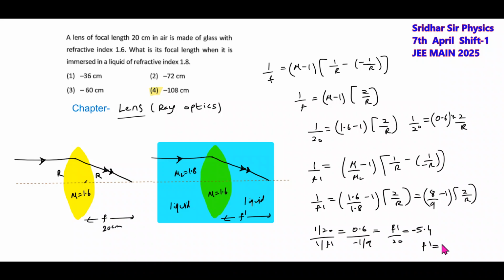So f dash is equal to minus 108 centimeter. Okay, agree this. So this 2 by r will get eliminated. There's a basic diagram. We'll move to the next question.